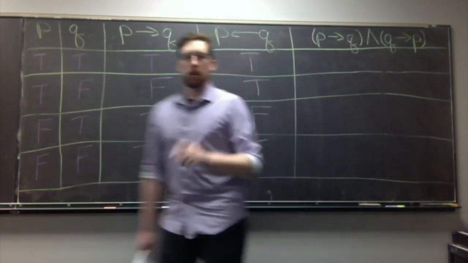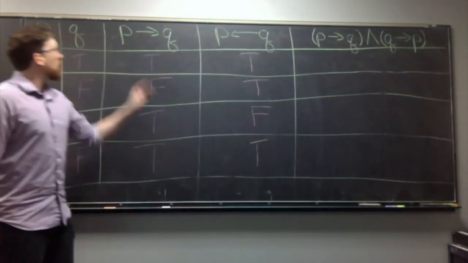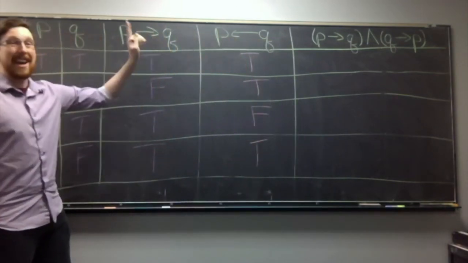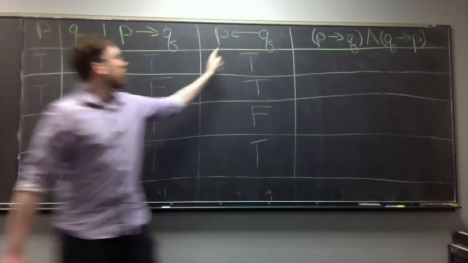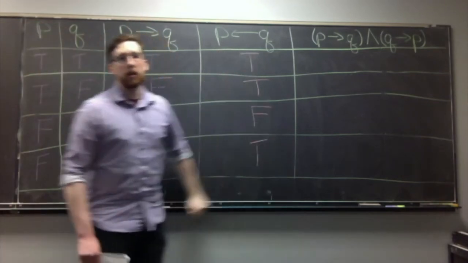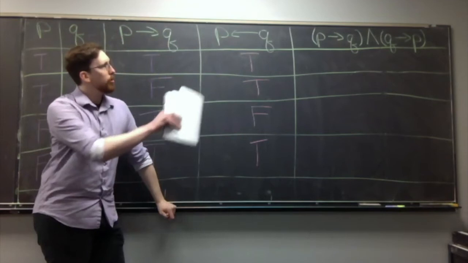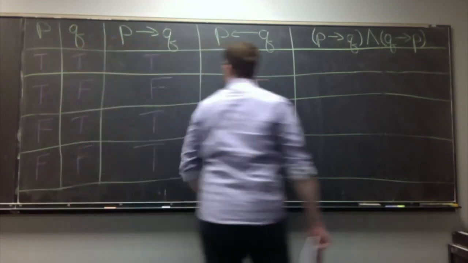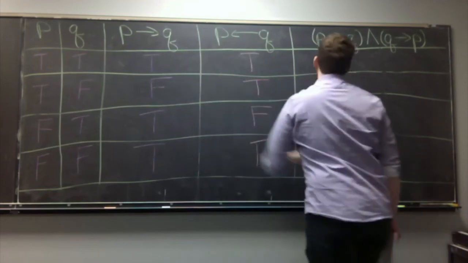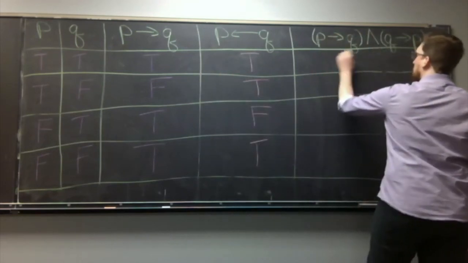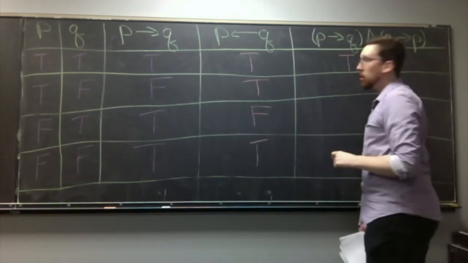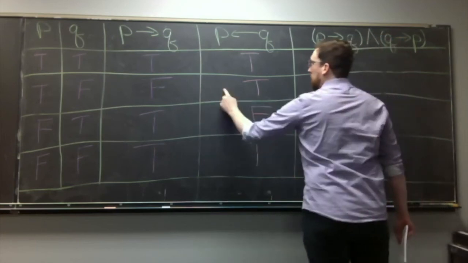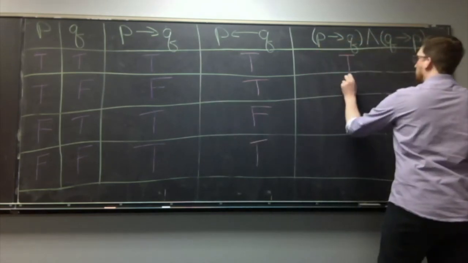Okay. What about P implies Q and Q implies P? What are those truth values? Well, true and true, true. False and true, false.